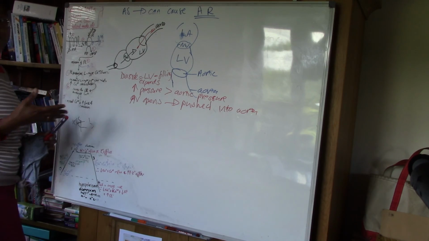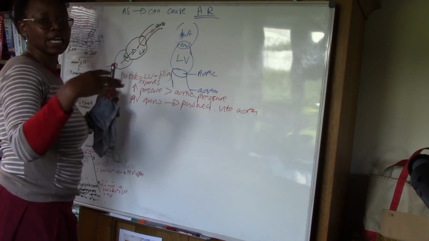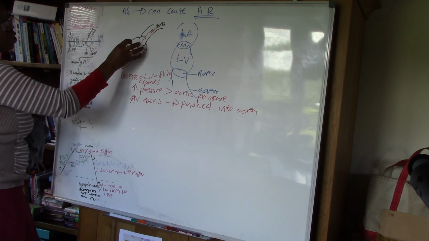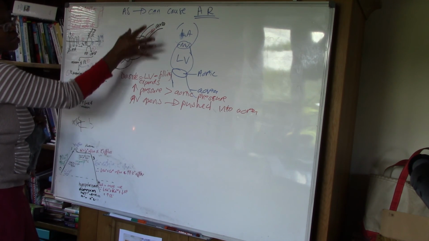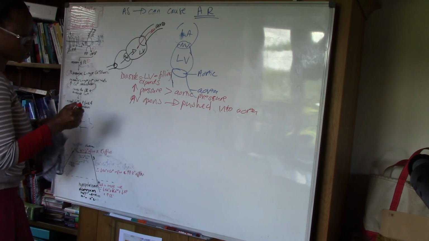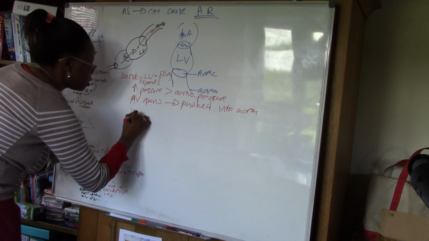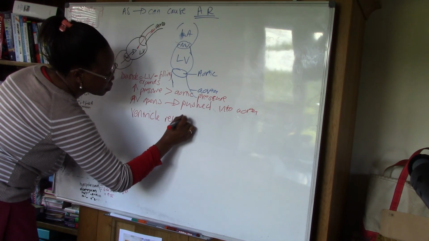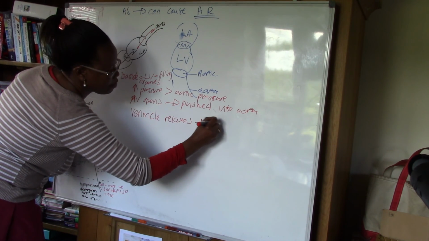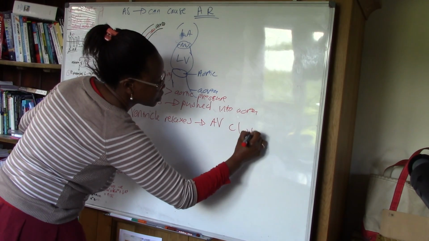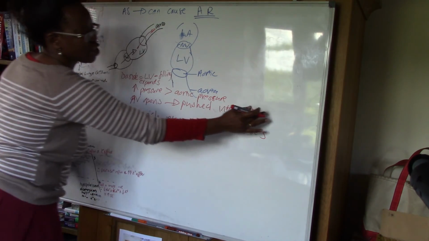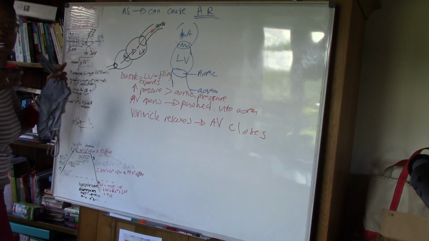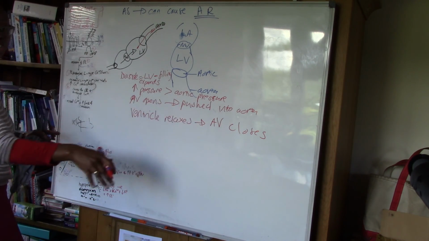Normally you'd expect that the aorta will also expand to receive that blood, and as the ventricle relaxes, the aortic valve will close. So as blood is pushed out, the aorta expands, and its pressure increases as more blood is pushed into it.